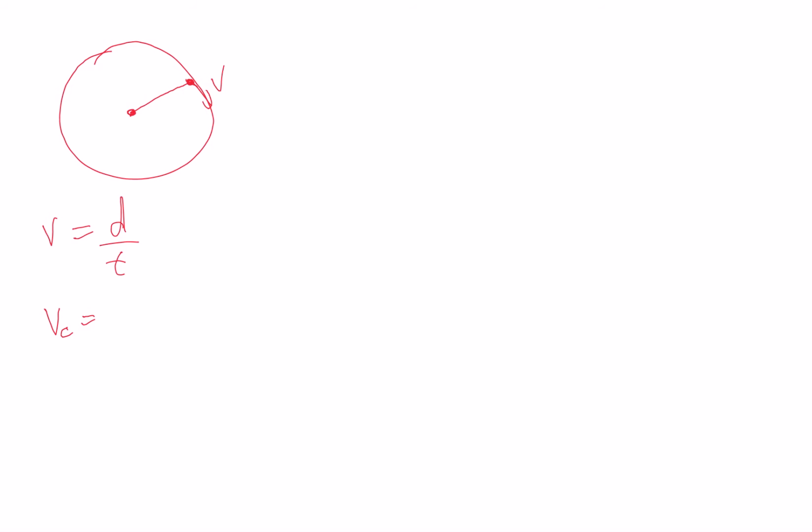So the distance around one path of the circle is its circumference, and the formula for circumference is 2 pi r. Because we're dealing with just one rotation, we're going to use just the time for one rotation. We use a capital T, which stands for period.